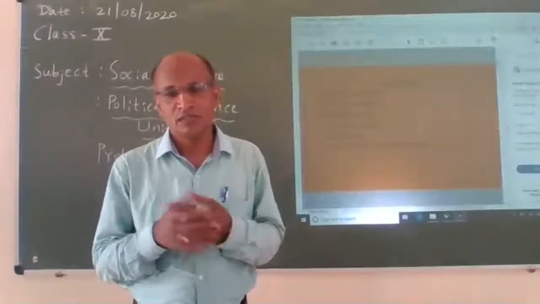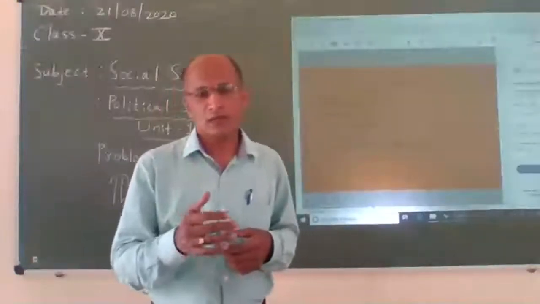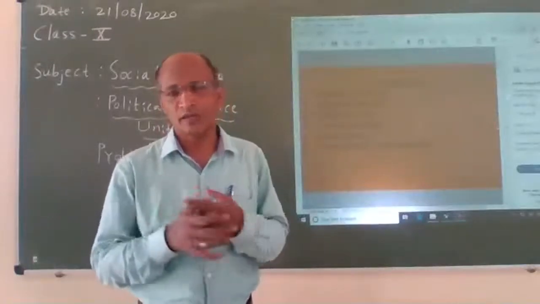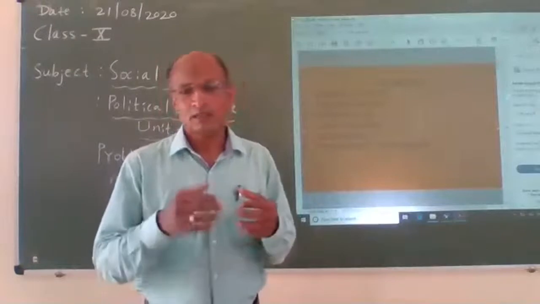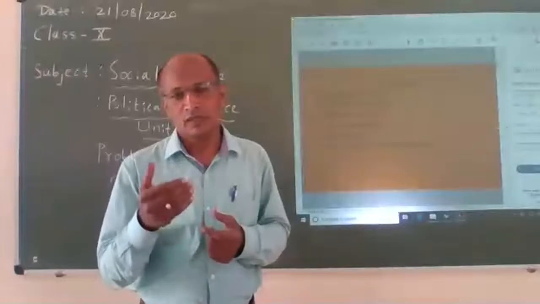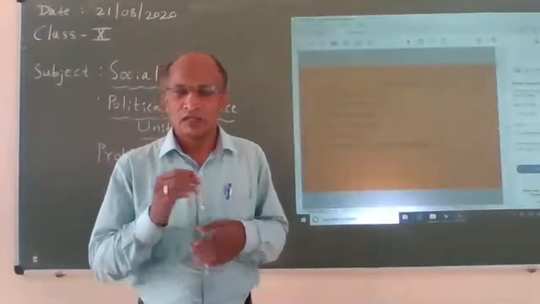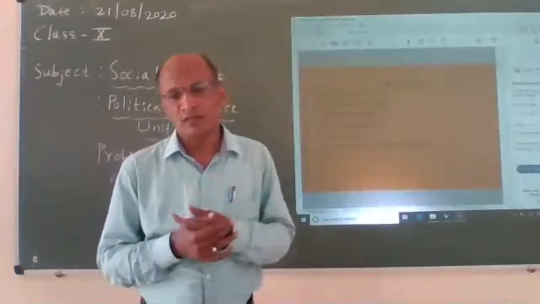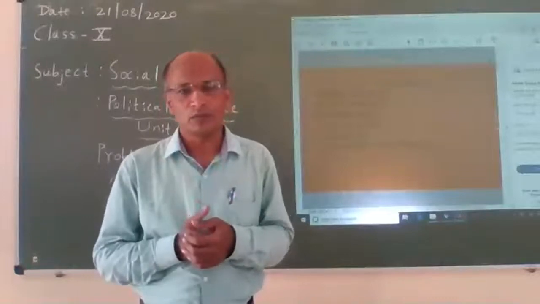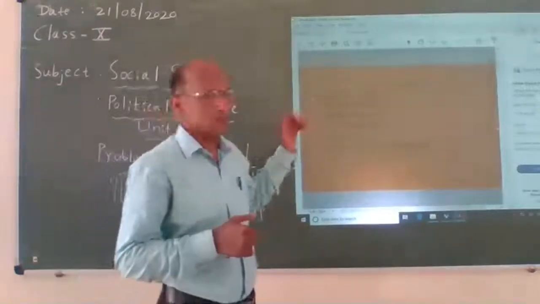Giving money to the officers is an offense. Officers expecting something from the people or the general public is also an offense. Giving a bribe to the officers is an offense, and taking it is also an offense. Both come under corruption. So corruption is one problem.